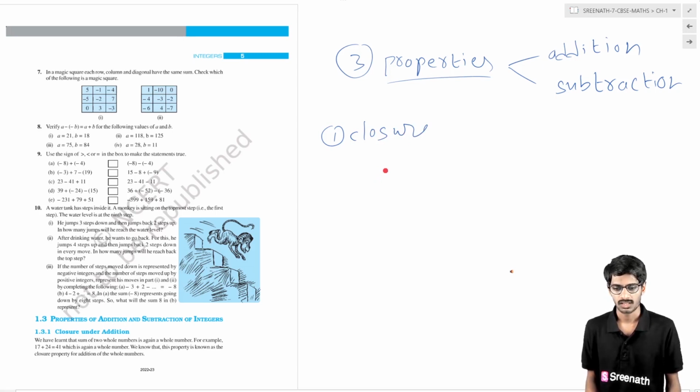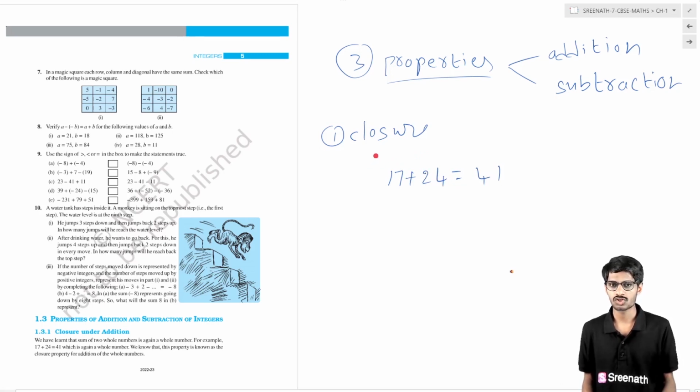Basically, the example they have given here is 17 plus 24. What is the result? When we add 17 and 24, we get 41. We have studied closure property regarding whole numbers. 17 is a whole number, 24 is a whole number. If you add both whole numbers, the result 41 is also a whole number. Hence closure property is satisfied.